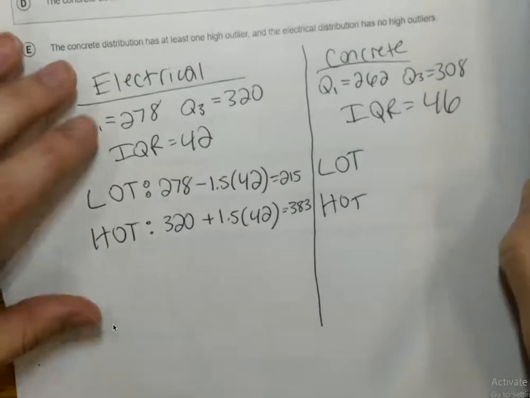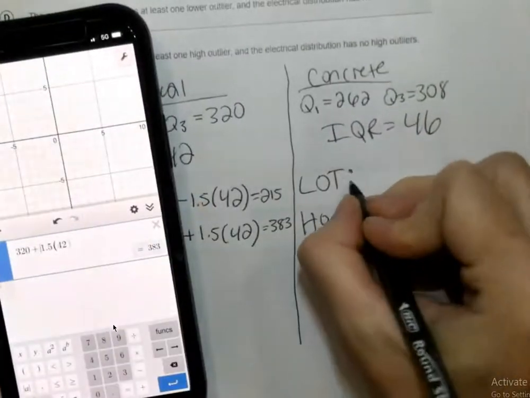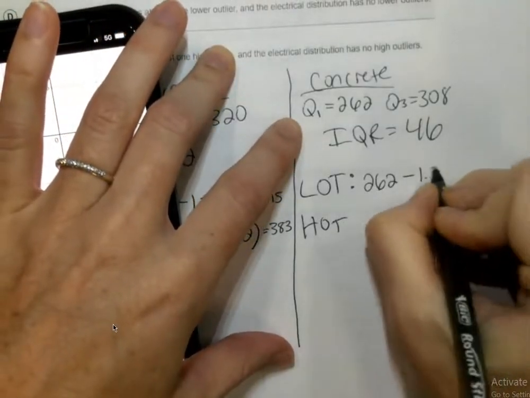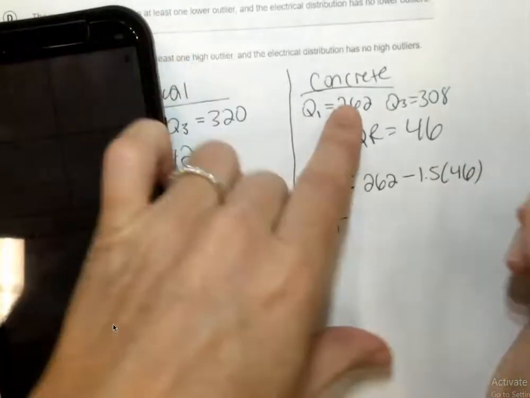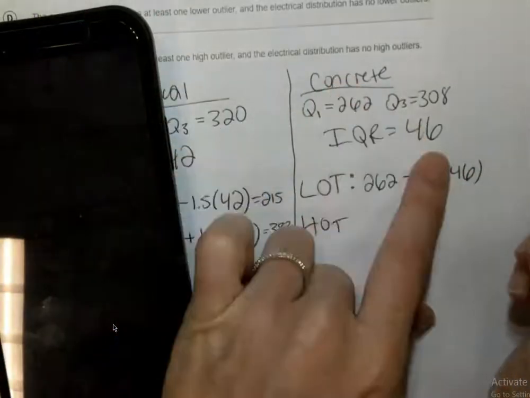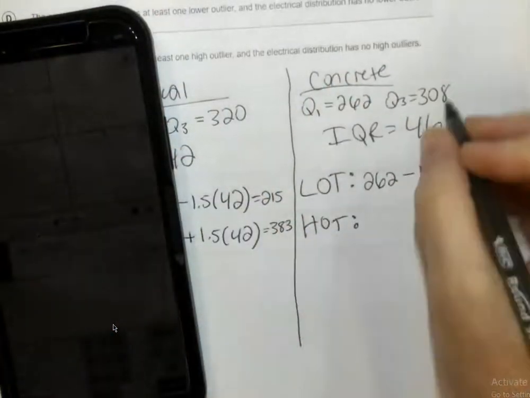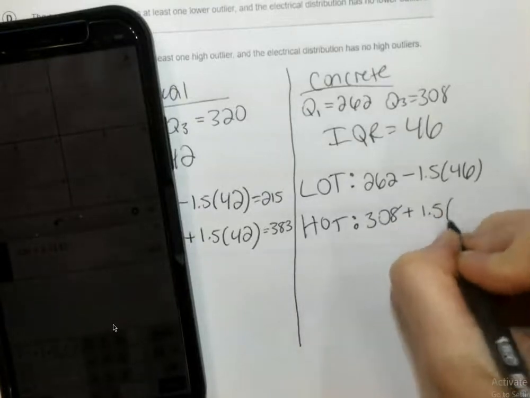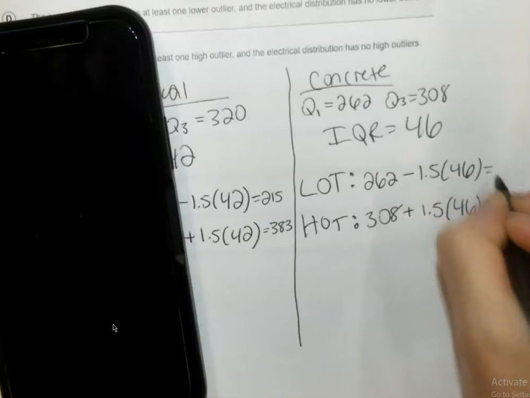All right, let's do the lot and the hot for the concrete while we're at it. So the lot would be 262 minus 1.5 times 46. I just substituted out the new Q1 and the new IQR. And the hot is going to be 308 plus 1.5 times 46.